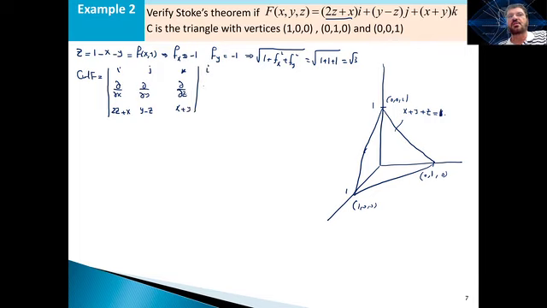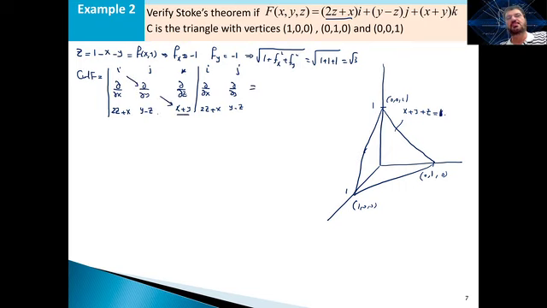We take the first column, and 2z plus x, take the second column, and y minus z. We go in this direction, guys. So what is this equal to?